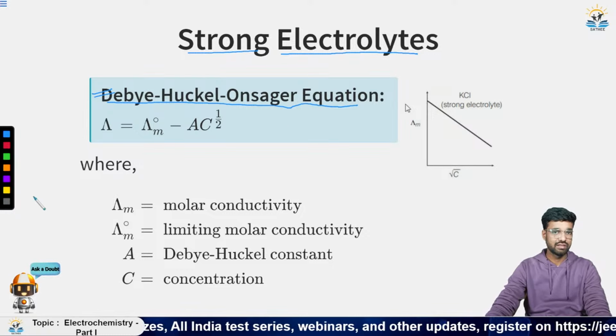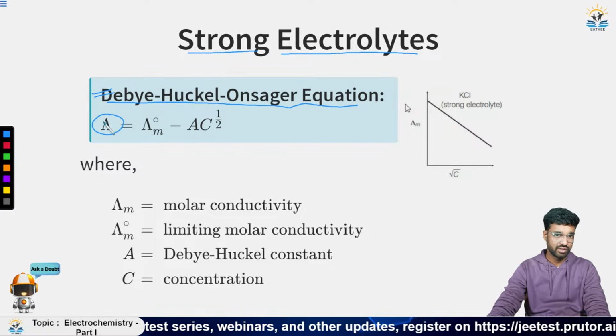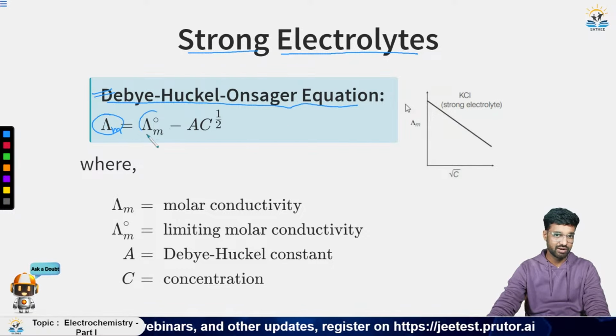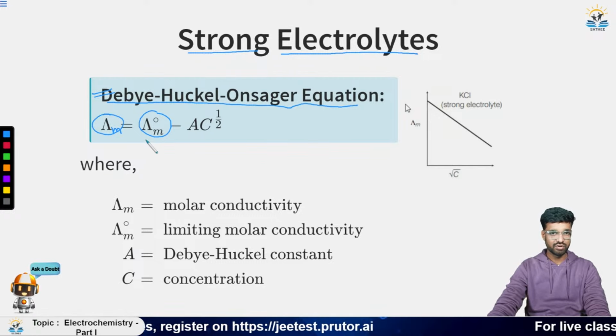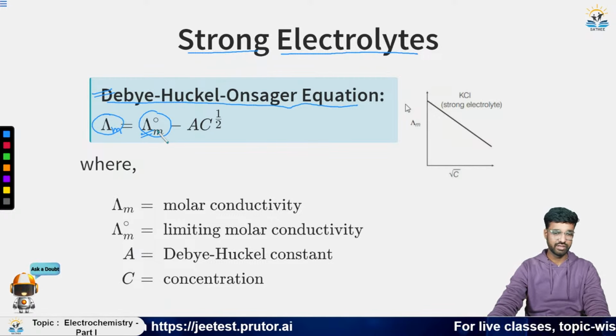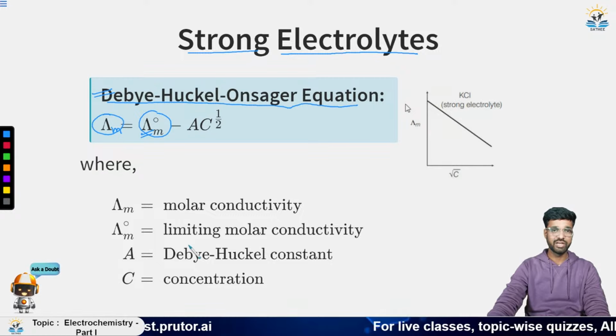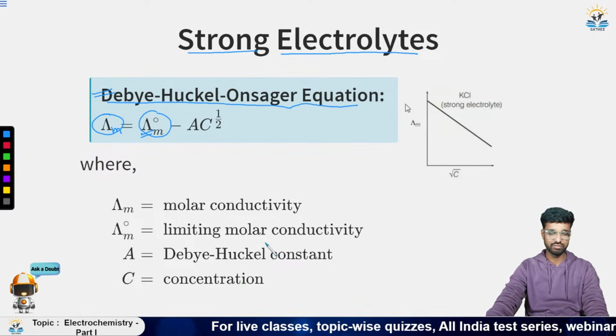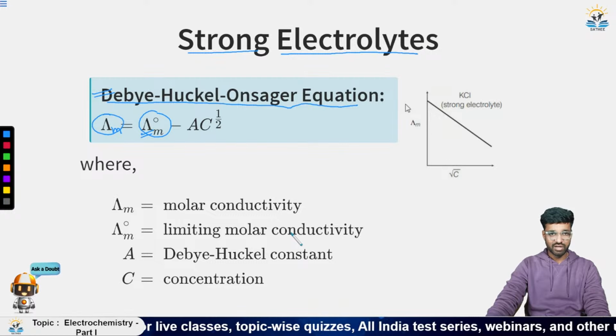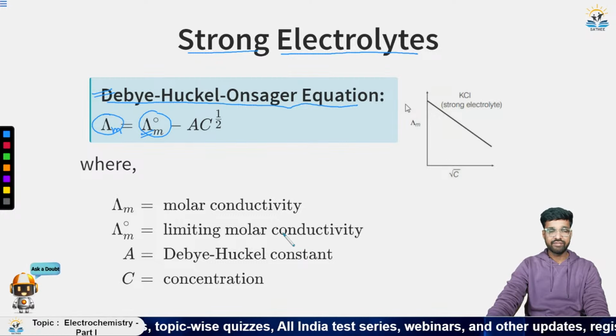It is given as lambda m is equal to lambda naught m minus A C to the power half. The new thing here is called limiting molar conductivity. You can call it the infinite dilution molar conductivity also. It is the molar conductivity at infinite dilution.